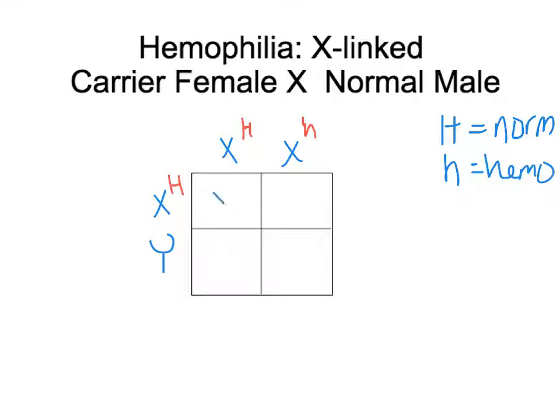Now we go ahead and fill in our Punnett square with the two daughters at the top and the two sons on the bottom. I'll now add the alleles on those particular genes. The first daughter is what we refer to as homozygous dominant. Both alleles are dominant. The second daughter is heterozygous. She is a carrier.